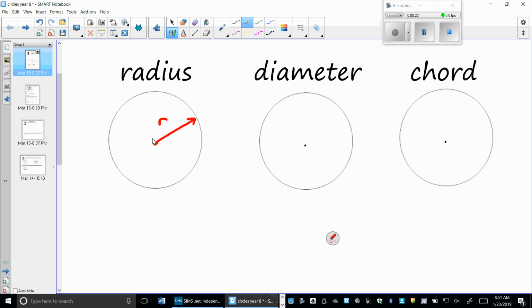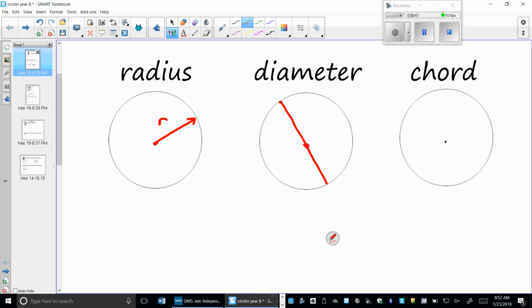What's the diameter? Not the outside, remember, that's a special name that comes a bit later. It's from one end of the circle right through the middle to the other. So it's from one side of the circle all the way through, but it has to go through the centre of the circle.